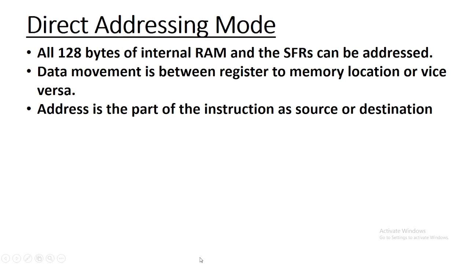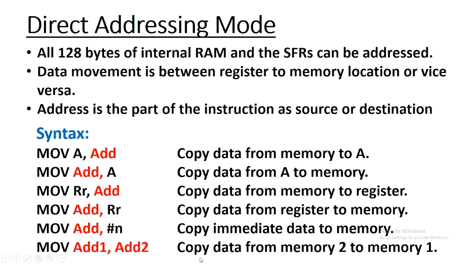As it is a direct addressing mode, the address is a part of the instruction, which could be a source or a destination. First we look at the syntax, like MOV A, add. Here the direct address is provided in the instruction, and data will be copied from it into the accumulator.